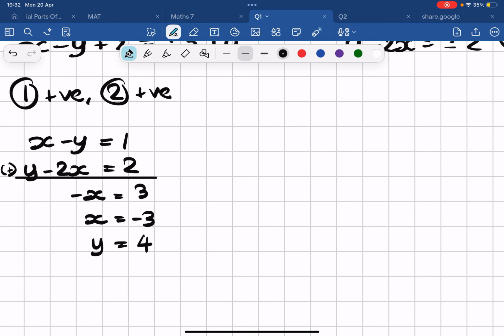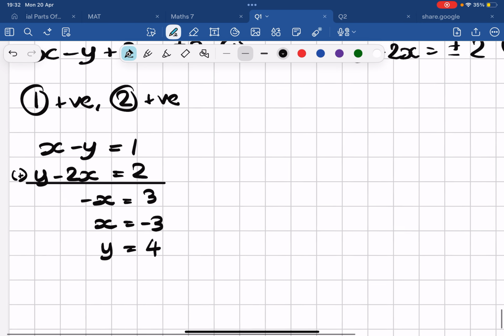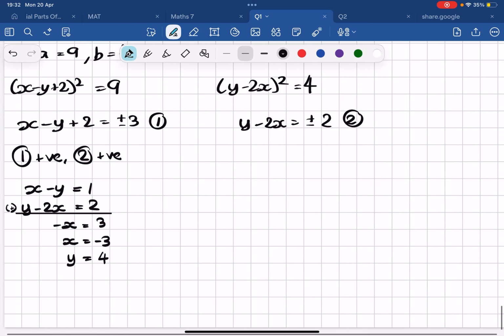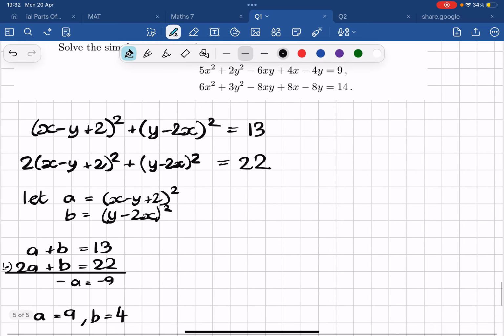4 minus, that actually doesn't work. What have we done wrong here? x minus y, 1 plus 2 is 3, did we do everything right above? I believe so.